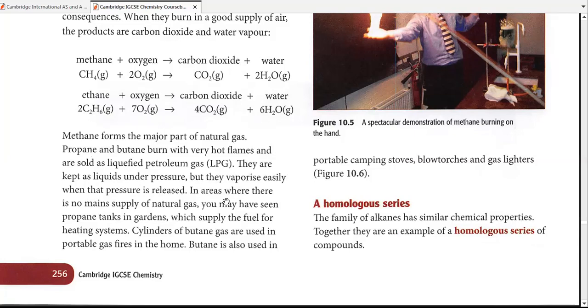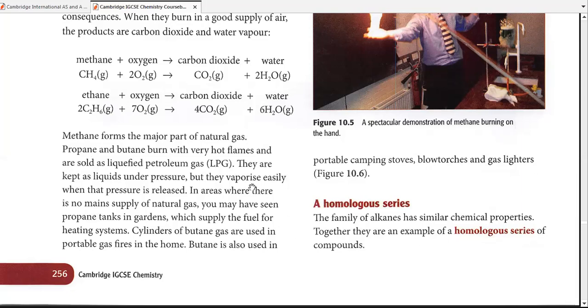So in areas where there is no main supply of natural gas, you may have seen propane tanks in gardens which supply the fuel for heating system. In Pakistan, we commonly use them not just in gardens, but in our kitchens and different other parts of our homes. Cylinders of butane gas are used in portable gas fires in home. Butane is also used in portable camping stoves, blowtorches, and gas lighters.